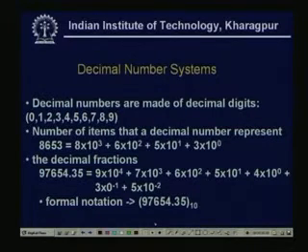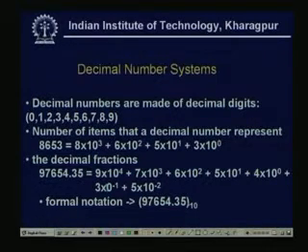So this is 3 into 10 to the power minus 1, then 5 into 10 to the power minus 2, and in formal notation we write 97654.35 when the number system is 10.